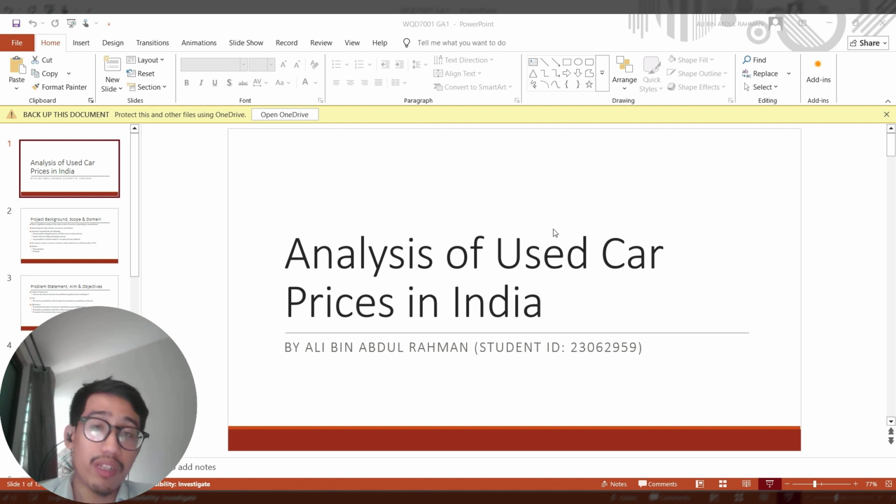The same goes for owner distribution: 52% second-hand owners selling their cars and 48% first-hand owners. Finally, the fuel type distribution: 38.9% petrol cars, 35% diesel, 13.3% electric hybrid cars, and 12.8% natural gas hybrid cars.